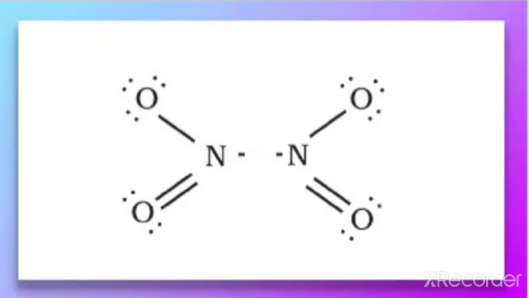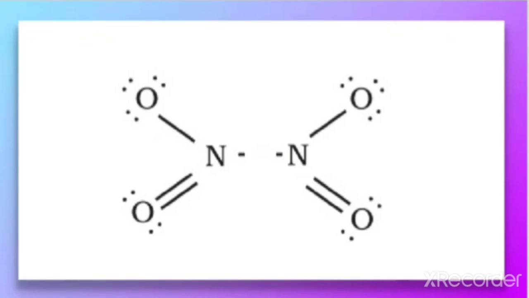Now, how will we make the dimer? Make one more structure in the opposite way, such that the nitrogen has a single odd electron here, and in the other structure also the nitrogen has a single odd electron.